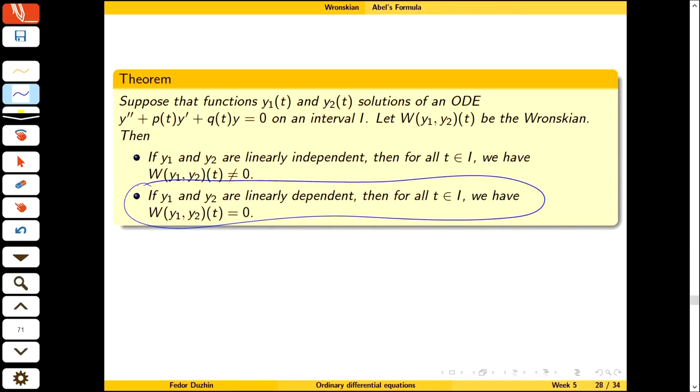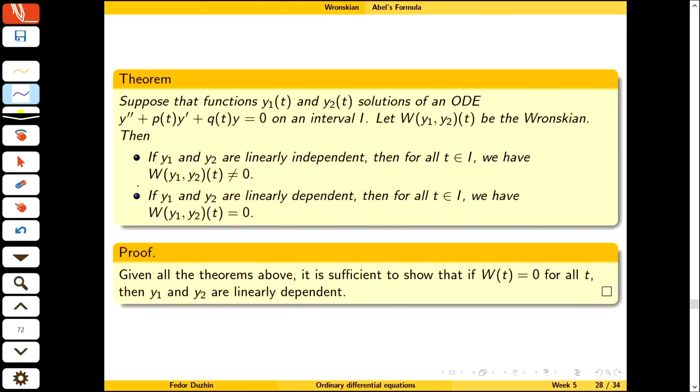So in other words, in order to prove it, the only thing that remains to show is that given that y1 and y2 are solutions of a certain second order homogeneous linear differential equation, then if the Wronskian is 0, they are linearly dependent, right?